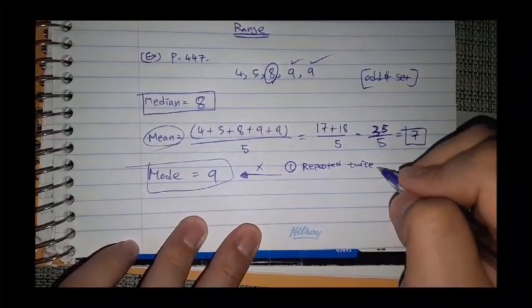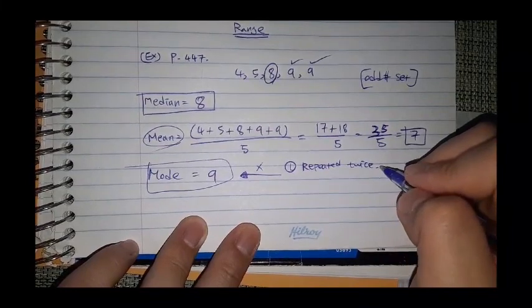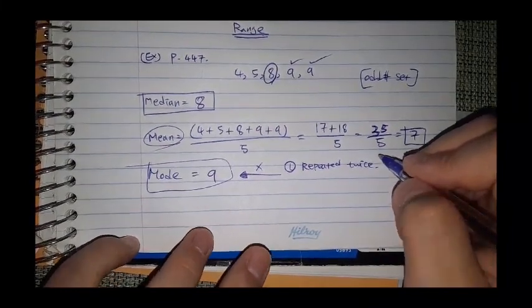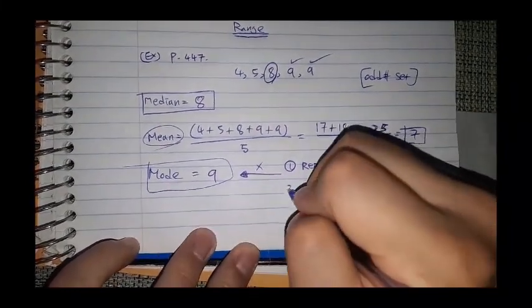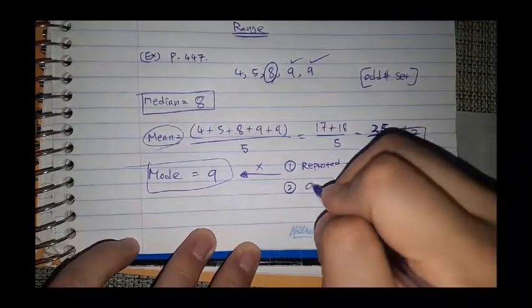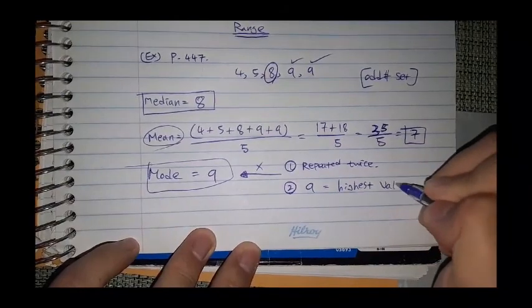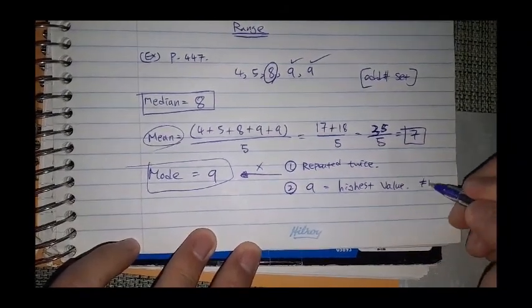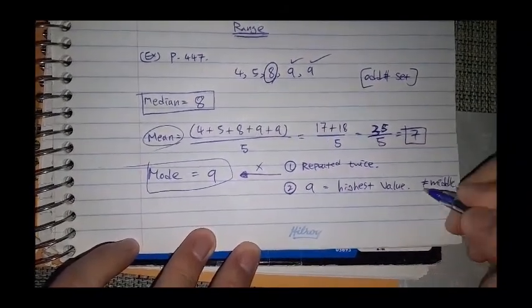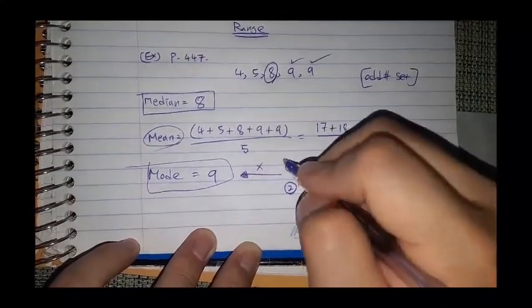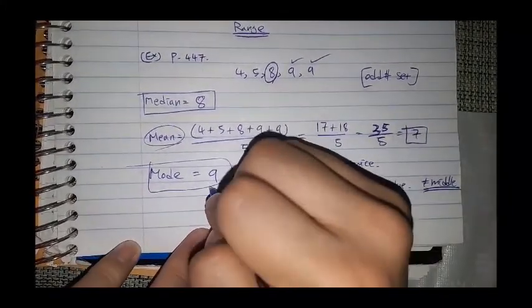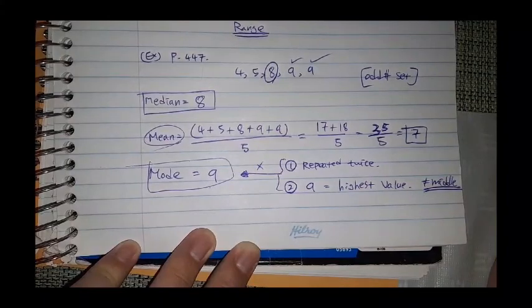That's not representing a good amount of participants' data, if you will. And on top of that, 9 is the highest value. It's not even the middle value. So because of these two reasons, mode may not be acceptable.